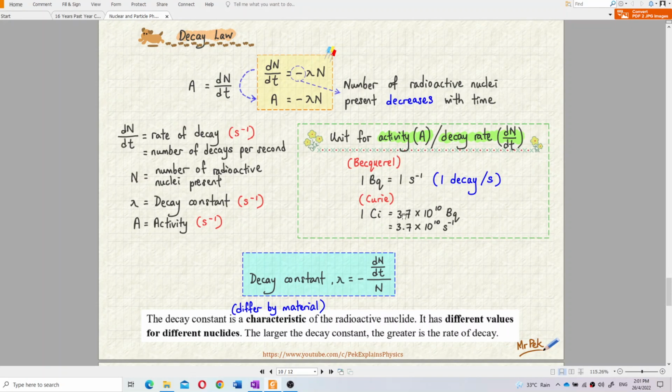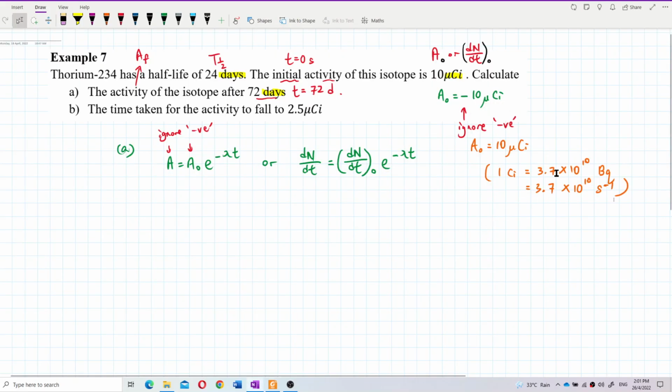So it's a very big value. The SI unit actually is per second or becquerel, it's not curie.